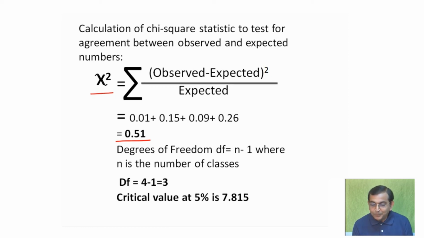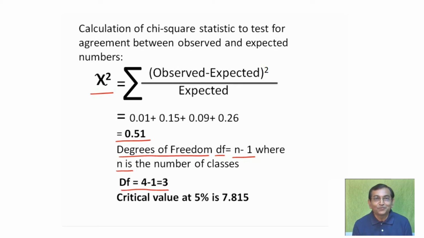Now, to compare this Chi-Square value with the Chi-Square table, we have to find out the degrees of freedom or DF, which is n minus 1, where n is the total number of classes. So here there are 4 phenotypic classes, so the degrees of freedom will be 4 minus 1 equal to 3.